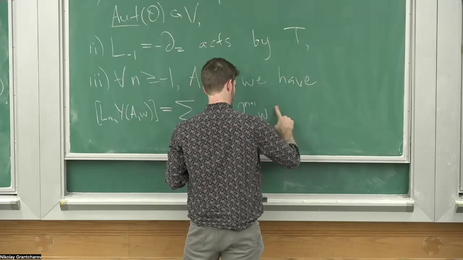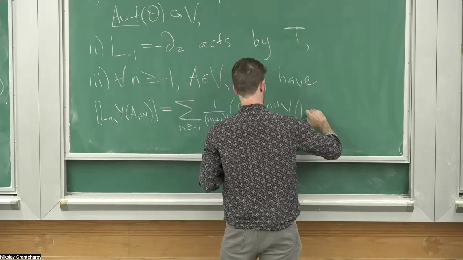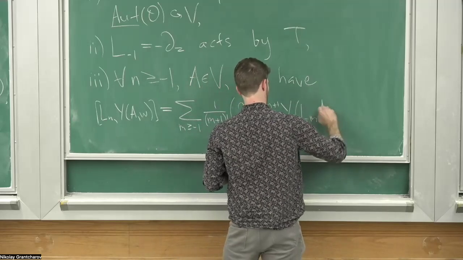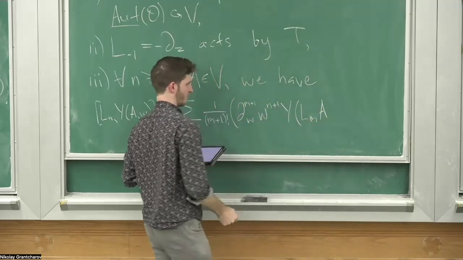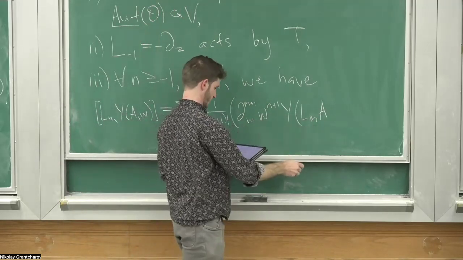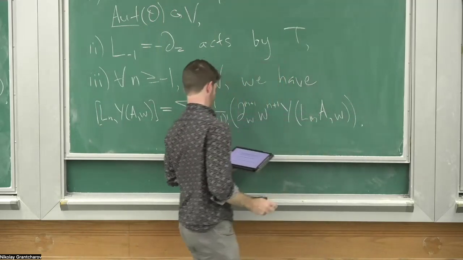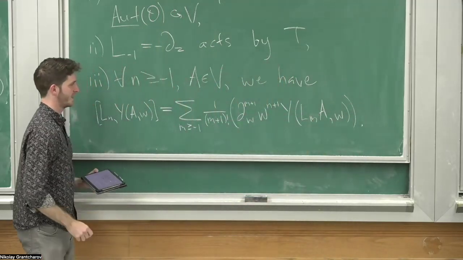Sorry, this is an N. So here I'm using the action of the algebra of derivations on V, right? So that this expression makes sense. Okay, this is the identity.